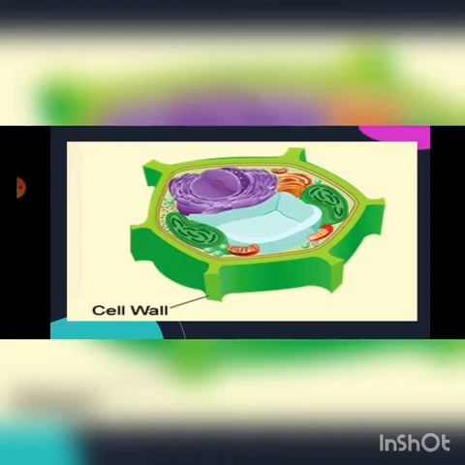The cell wall is an additional layer present only in the plant cell. Next, we study about the cell wall.